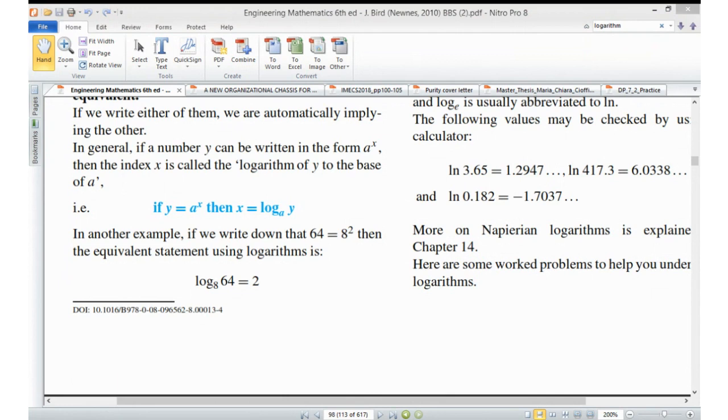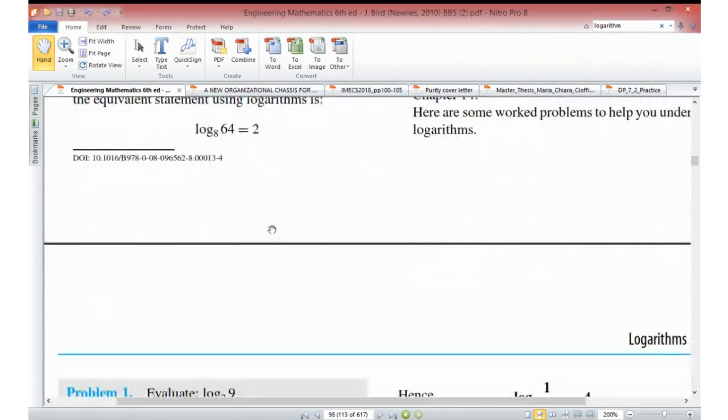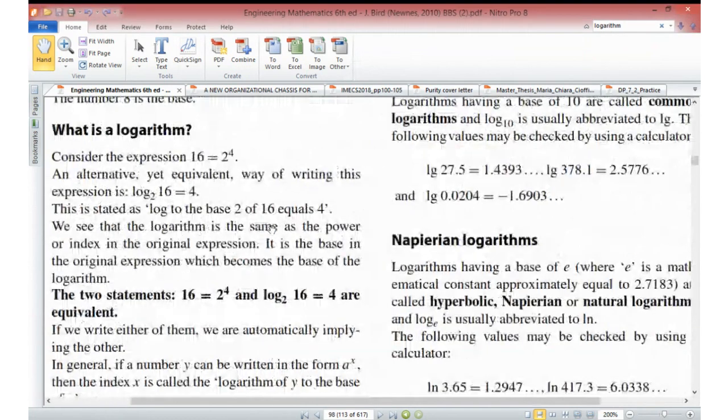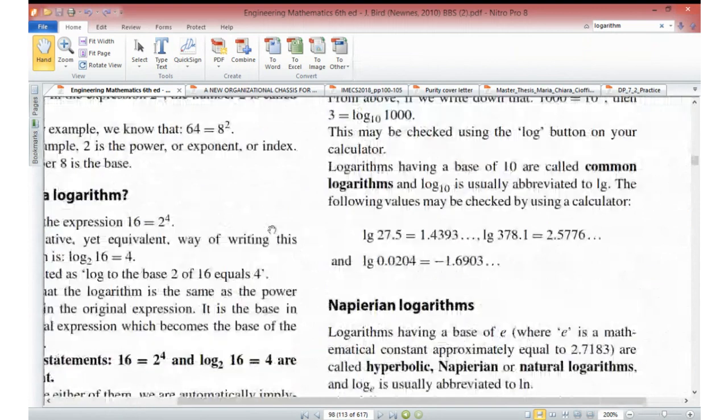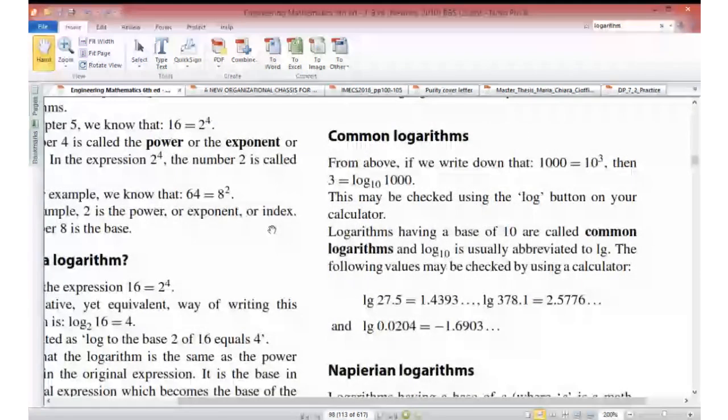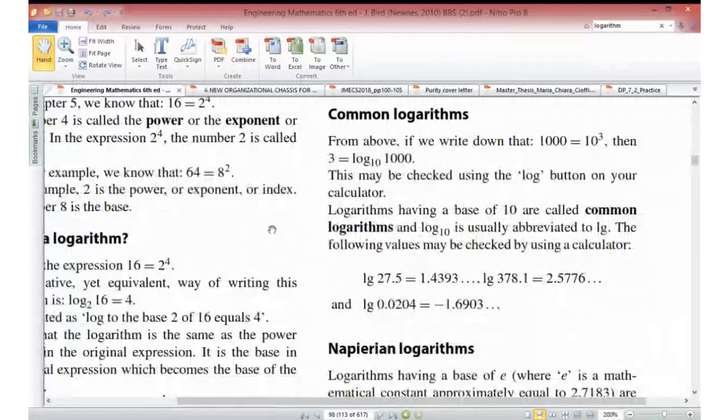In mathematics it is so interesting that we have quite a number of ways of achieving different objectives. So we have two types of logs.